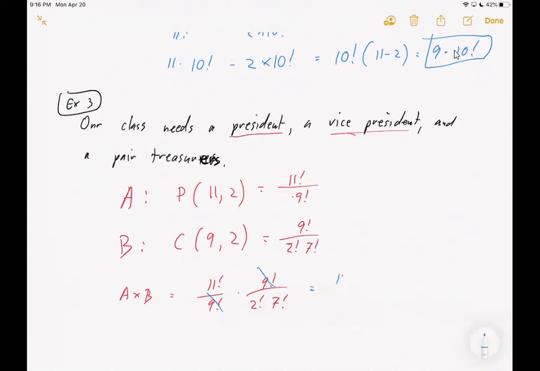So we could say this is 11 times 10 times 9 times 8 times 7 factorial over 2 factorial, so call that 2 times 1, 7 factorial. The 7 factorials cancel. The 2 goes nicely into the 8, so that's a 4. So you could just multiply all of this out and get your answer for how many ways we could fill these offices for our class.